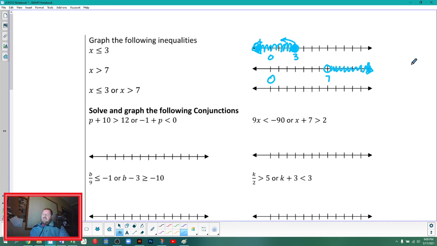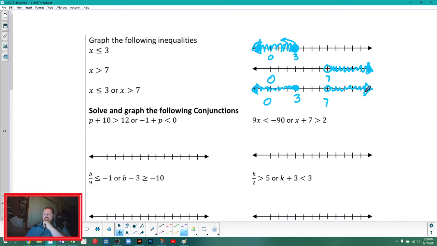Okay, but again, this is an or statement, so it's actually graphing what we call the union of the two, which means we just graph where either is true. We graph both sets of answers on the same line. I've got 3 there, closed circle, shaded to the left. And I've got 7 here, open circle, shaded to the right.